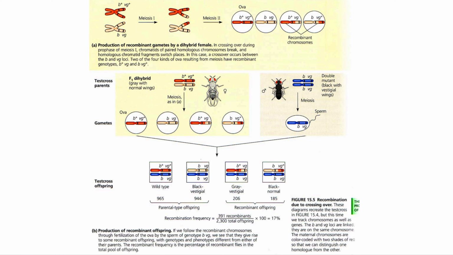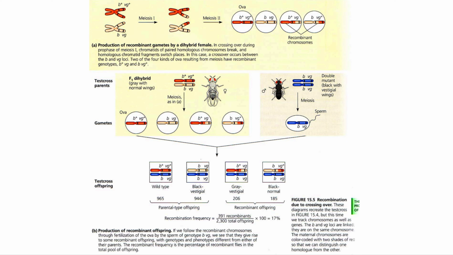There's 2 genes in play here. You would expect there to be 4 phenotypes, and there are 4 phenotypes, but the recombined phenotypes are less common. The gray and vestigial, we only have about 200, as opposed to the 950 wild types and black vestigials. Same thing with the normal wings and the black colored body. We see about 200 of them.